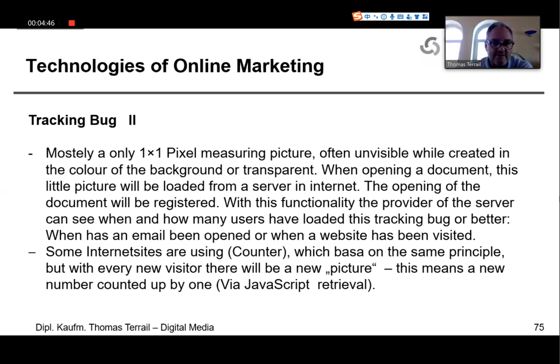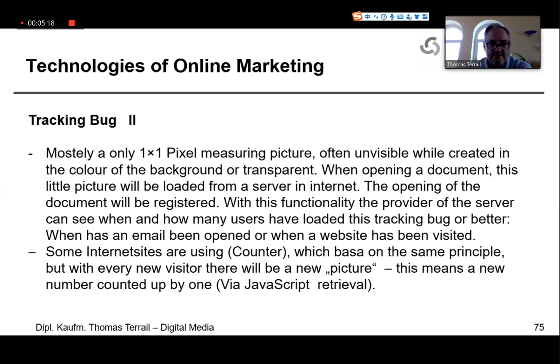So this can be the information of the opening. It will be registered, and with this functionality, the provider of the server can see when and how many users have loaded this tracking bug, or better, when an email has been opened, or when a website has been visited. This is the idea behind it.